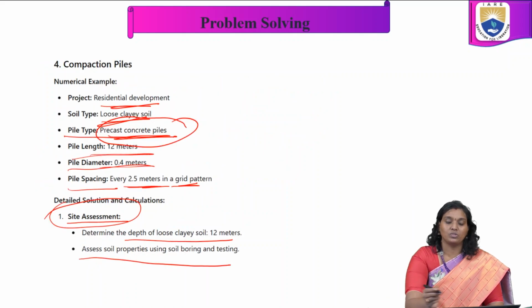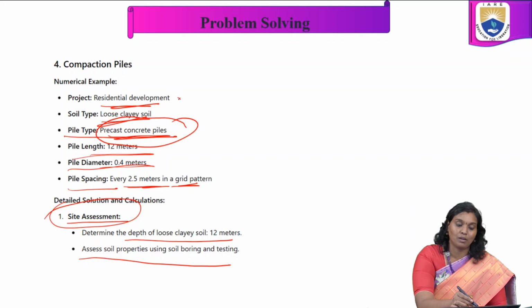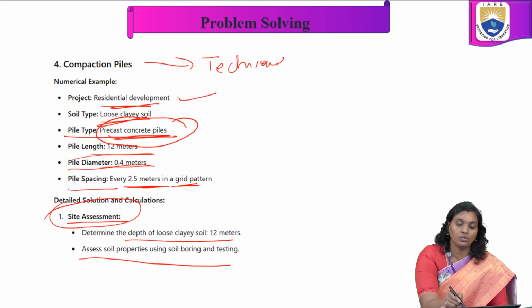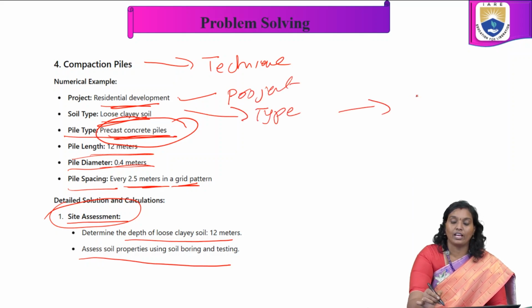So here, compaction piles is a technique we choose based on the project requirement and the type of soil. The property we are modifying is density.